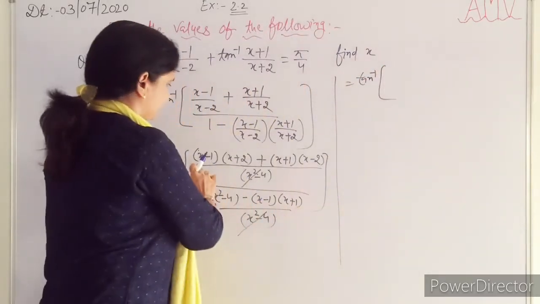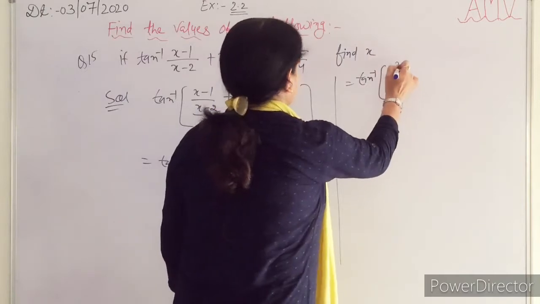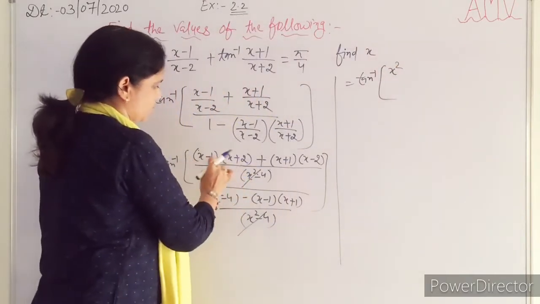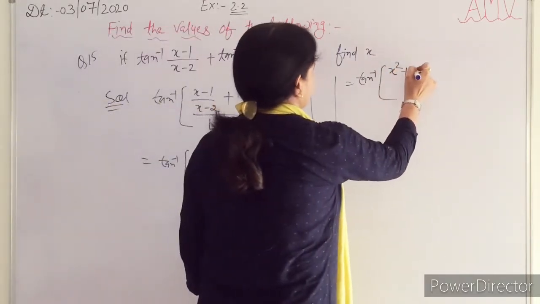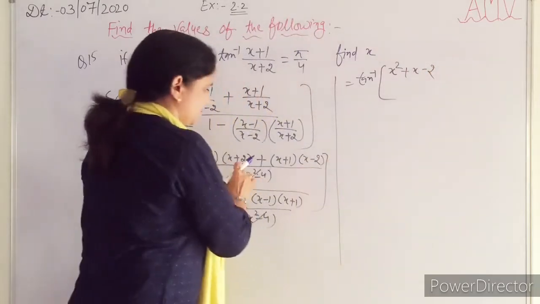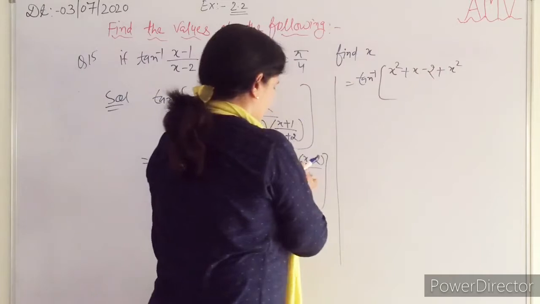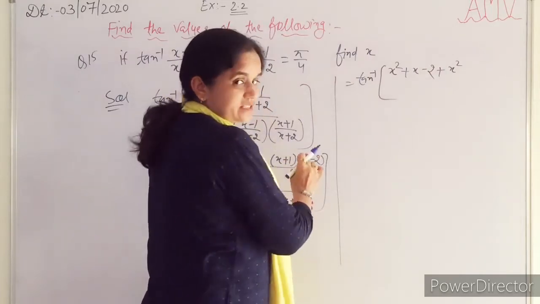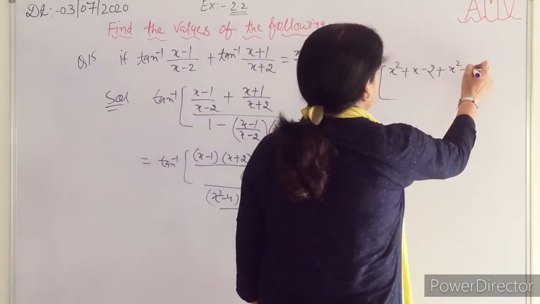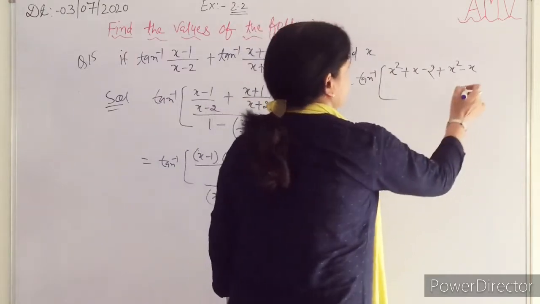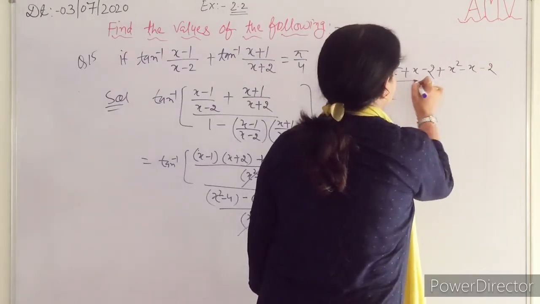Tan inverse. We will get x square, and it's 2x minus x plus x and minus 2. From here it's x square plus x minus 2x, so minus x and minus 2.